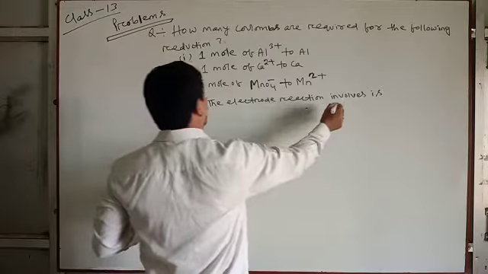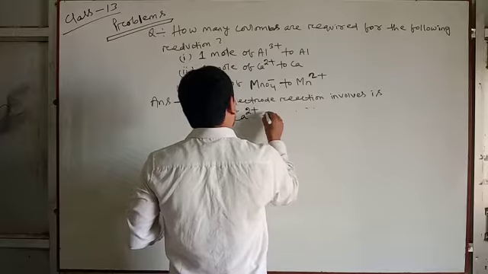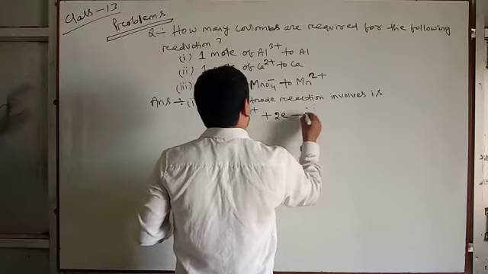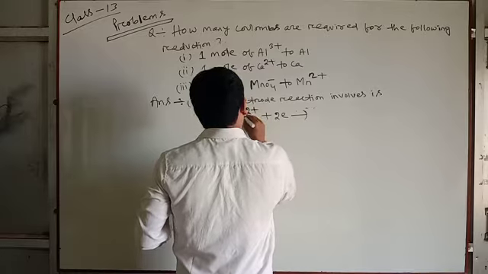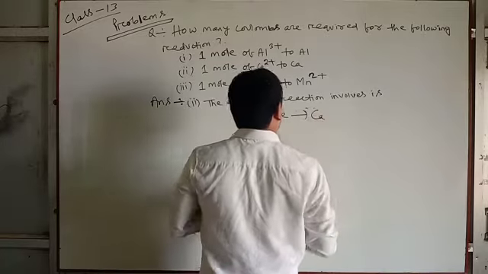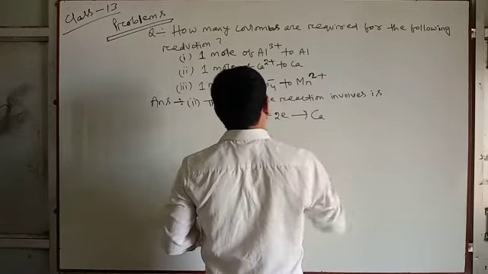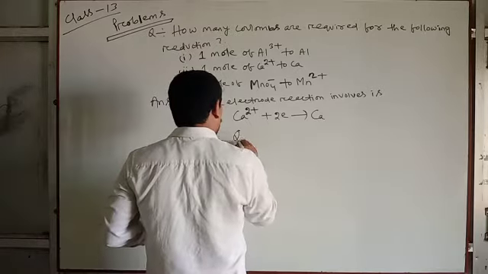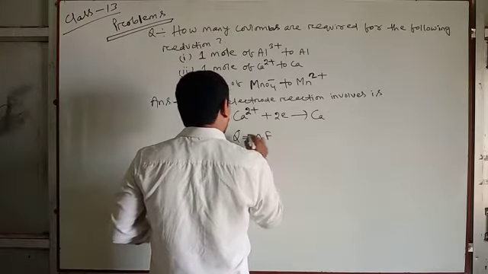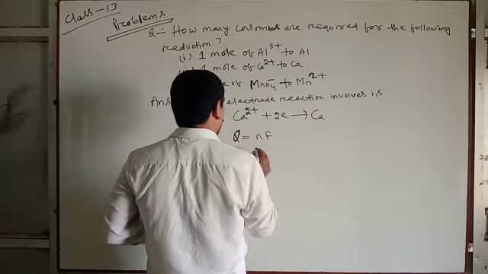Next, second bit. The electron reaction involved is Ca2+ plus 2 electrons gives Ca. So Q equals how much? Q equals NF.